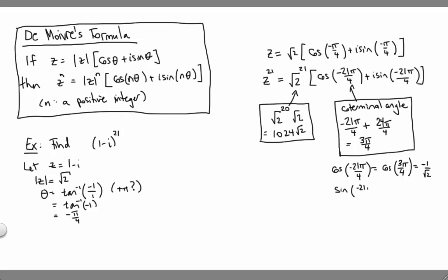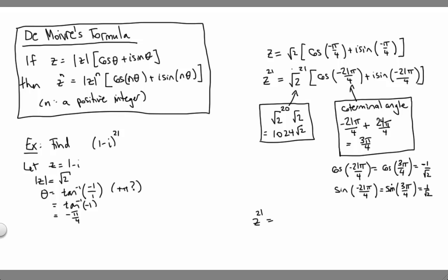Sine of minus 21 pi over 4 is the same thing as sine of 3 pi over 4. 3 pi over 4 is a second quadrant angle. Sine is going to be positive there, so it's actually 1 over root 2 for the sine value. Okay, so all of that I would consider side work. Once we've got that worked out, then we can say z to the 21.